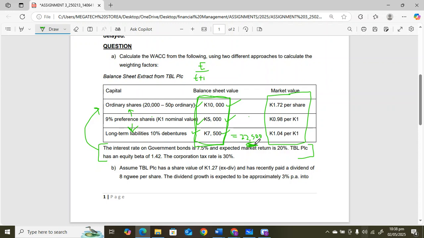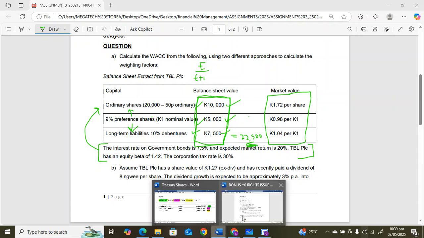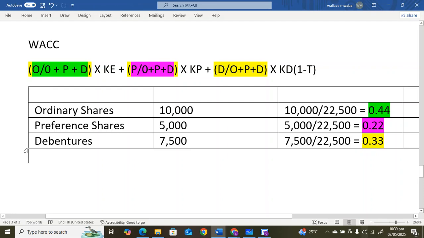Then for each source of financing, you are going to get its proportion out of this 22.5. So for ordinary shares, you do 10,000 divided by 22.5. Basically, here's the table.